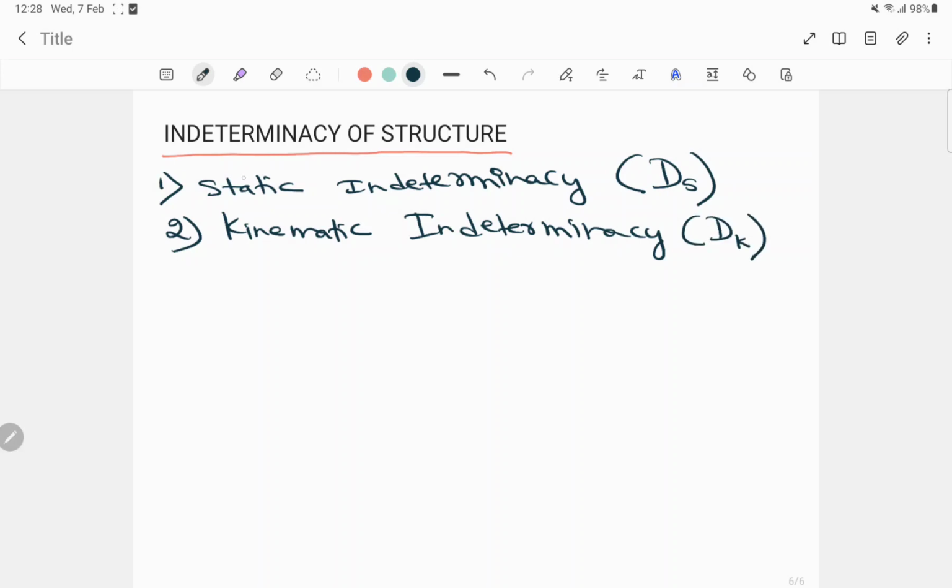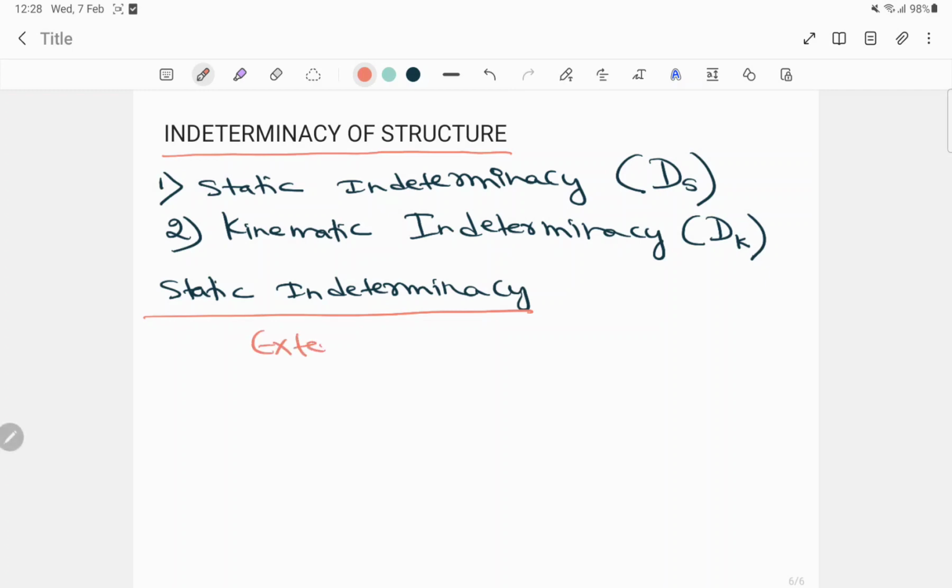In case of static indeterminacy, the main focus is to know the external and internal forces.